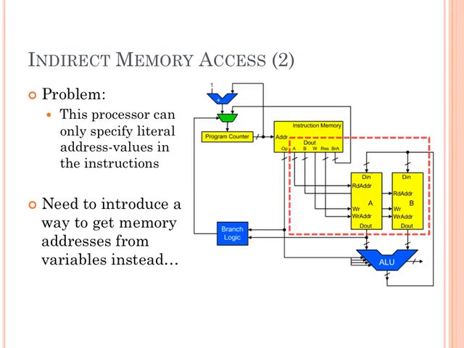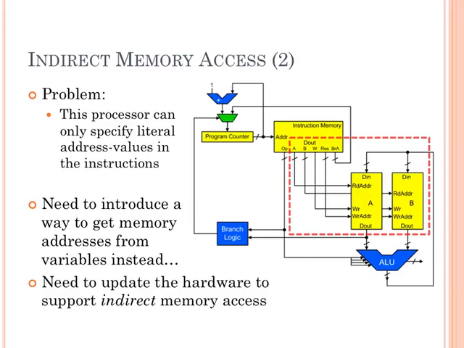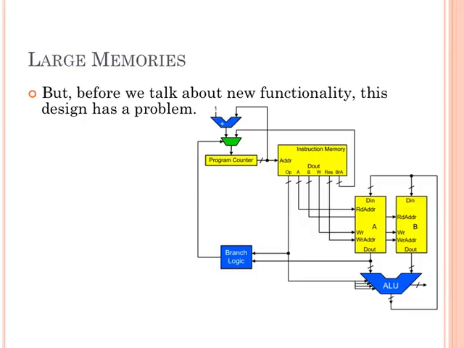And like I was saying before, in general, if you're designing a processor, you want to design the processor to do all the things that you want from the beginning so that you can have a nice, elegant, clean architecture. But since we're refining and developing this whole model, we're going to bolt something else on here. We're going to add a new way of this thing working, but we're going to try to attach it to what we already have. Okay, so we need to update the hardware to support indirect memory access.